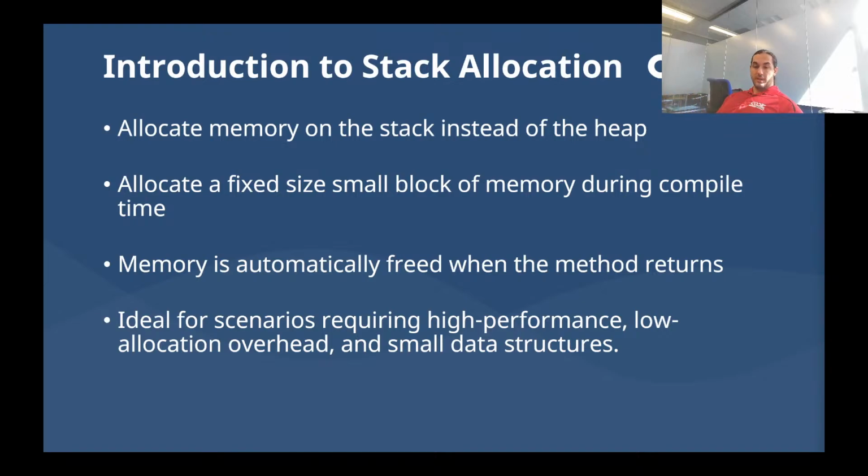And beneficial is that this memory is automatically freed when the method it is being used in returns. It's ideal for scenarios where we have the requirement for very high performance, low allocation overhead and very small data structures, where, for instance, we have a very rapid allocation and deallocation of a very small array, especially if it's within a render cycle that happens several times a second or even more often in order to update or calculate something.